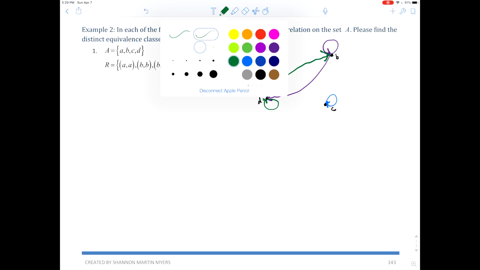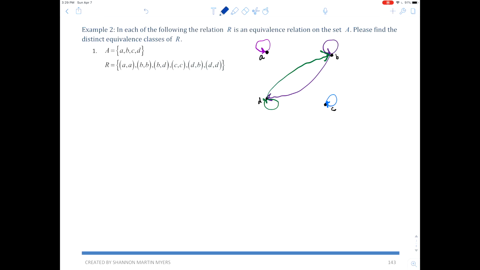So now let's take a look at what we have going on. This is how you have to think about it. The class of A is exactly equal to the set where X belongs to the set A such that X R A. Good so far?